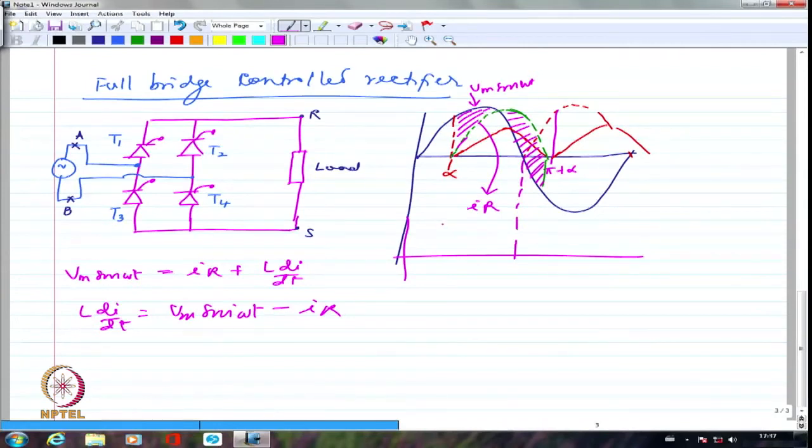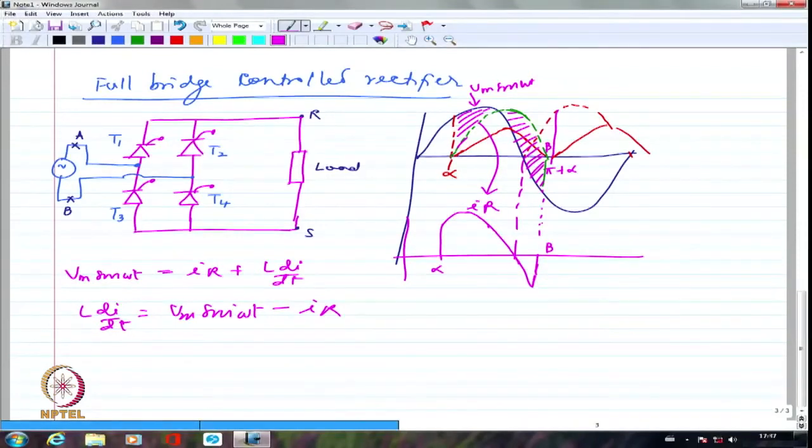It would start at alpha and go completely like this, and it would go until, if I may call this angle beta, it will go until beta. This is how the voltage waveform is going to be for one half cycle.